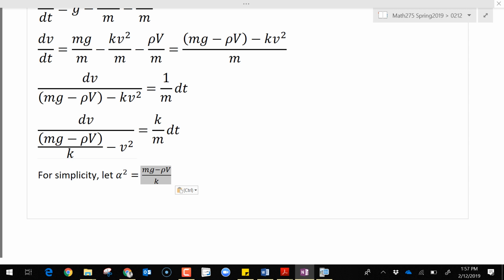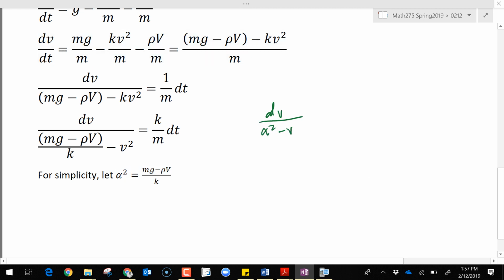Writing it as a squared, dv, I guess they say alpha squared minus v squared is equal to k over m dt. Integrating this is easier than if it was just a minus v.